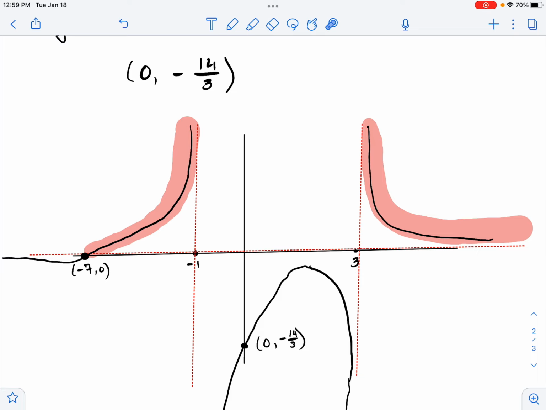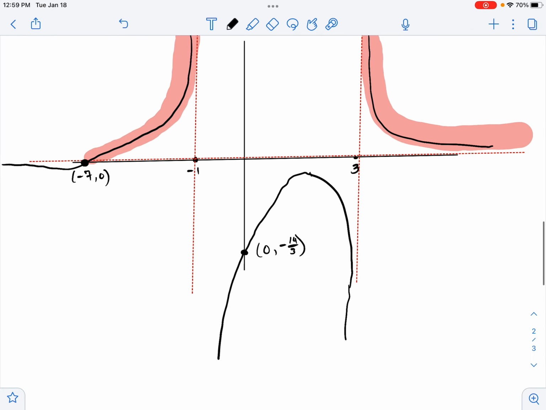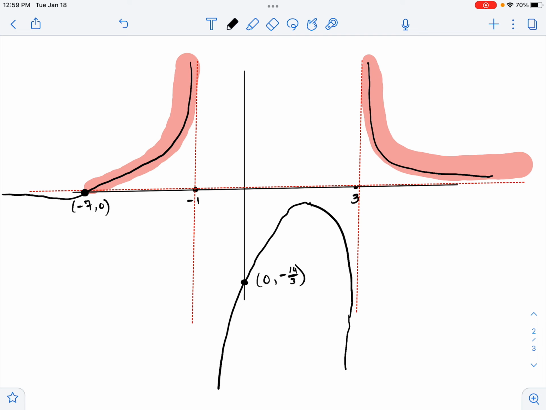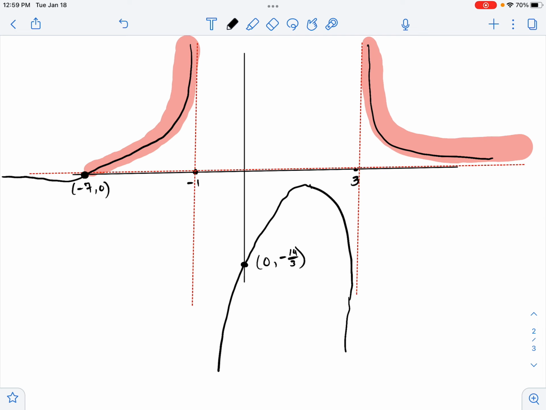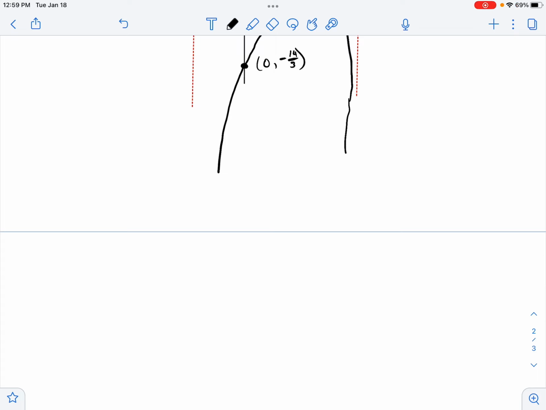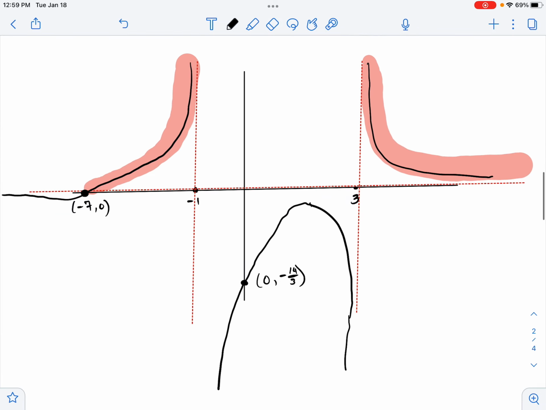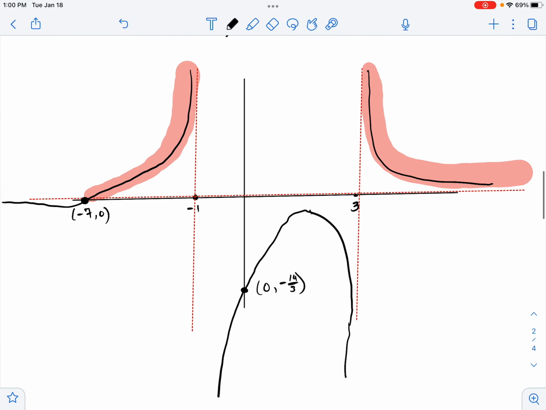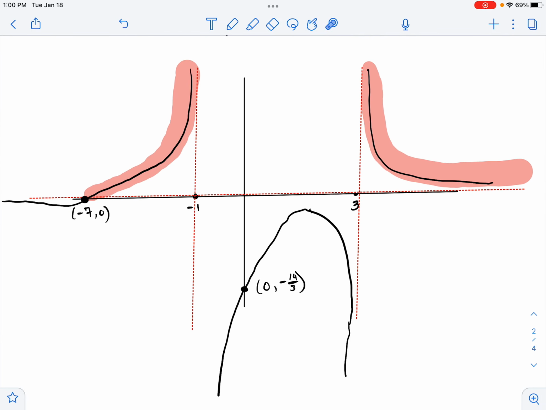And so the answer then is that x is positive between minus 7, greater than minus 7, and less than negative 1. So x greater than minus 7 and x less than minus 1. And x greater than 3. So here's 3, and so x greater than 3.